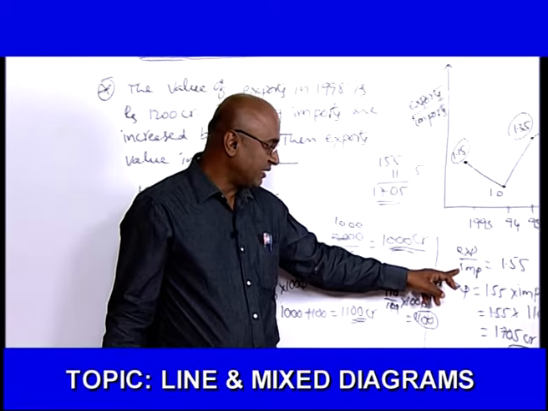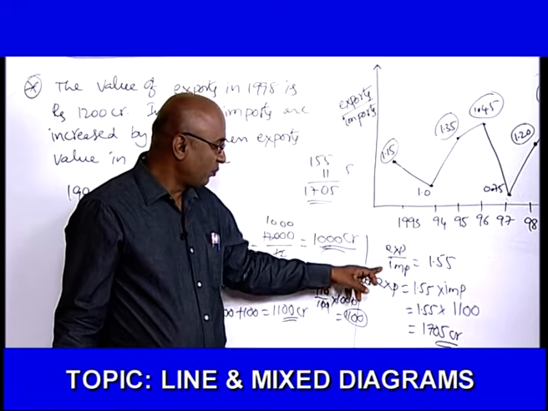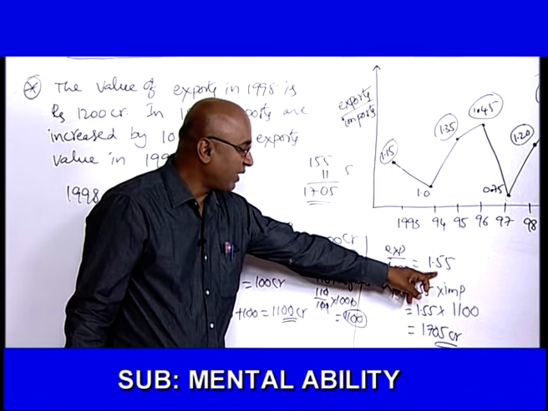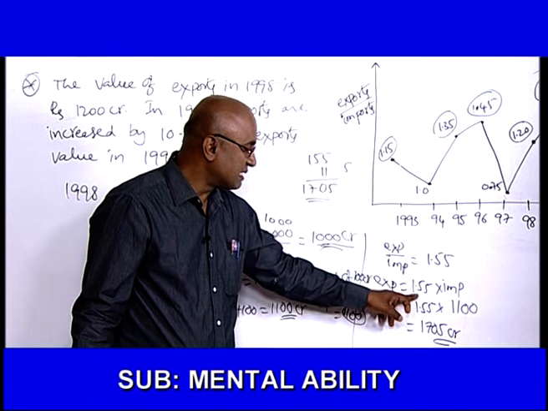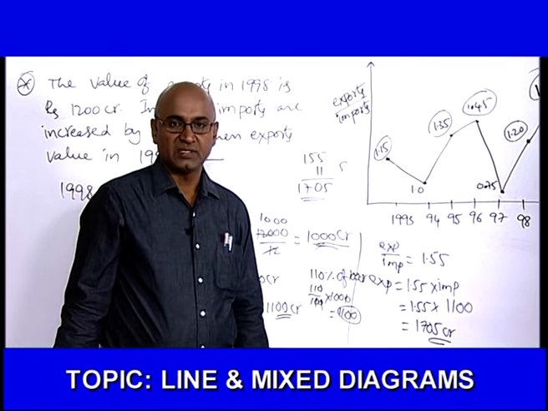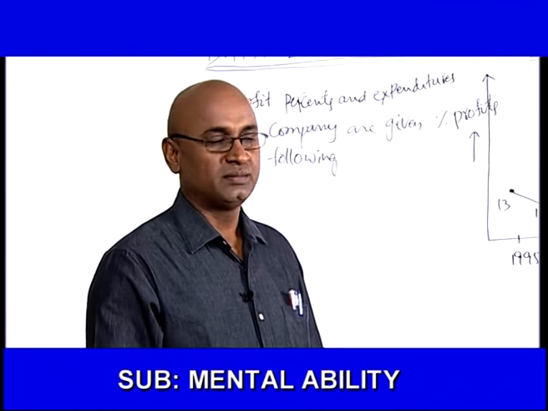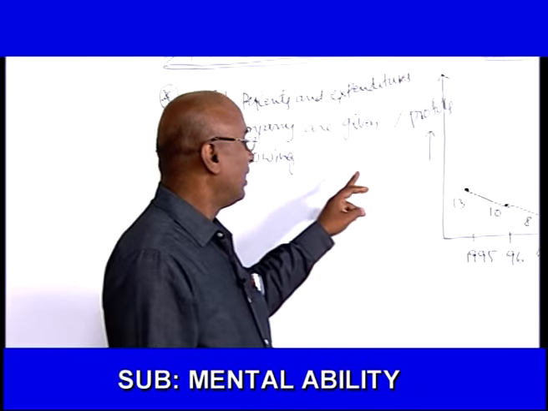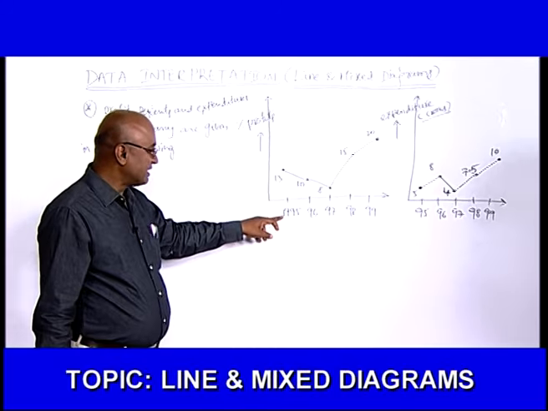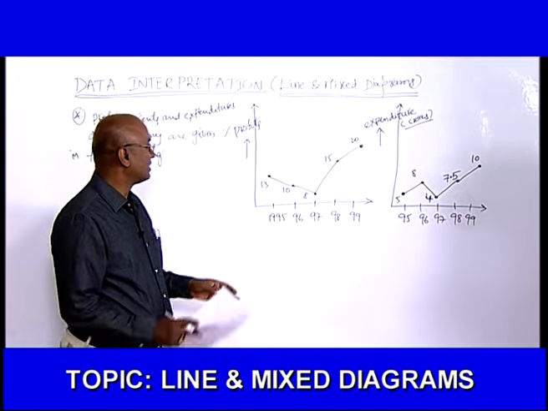Now in the year 1999, exports by imports is equal to 1.55 and imports it is 1100 and exports is equal to 1.55 into imports, that is equal to 1.55 into 1100, that is equal to 1705 CR is the required answer. Next problem. Here the percent profits of a company for various years from 1995 to 99 are given like this.